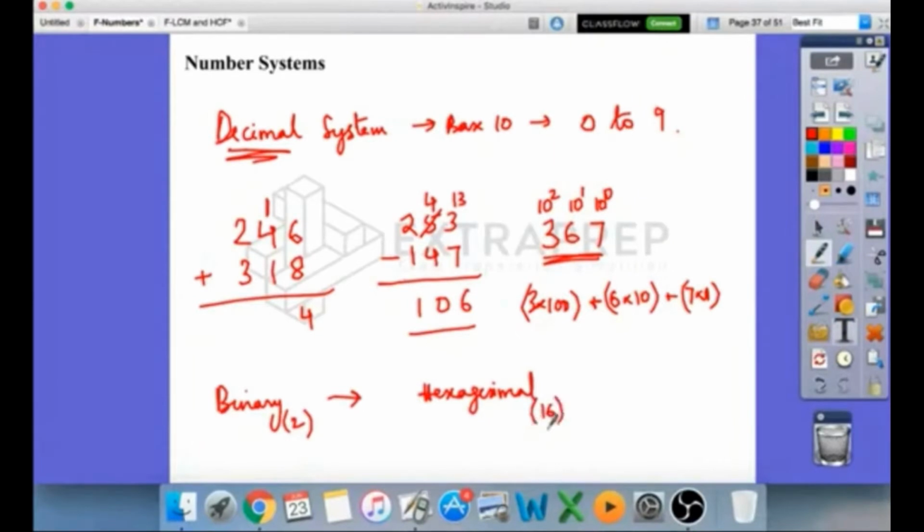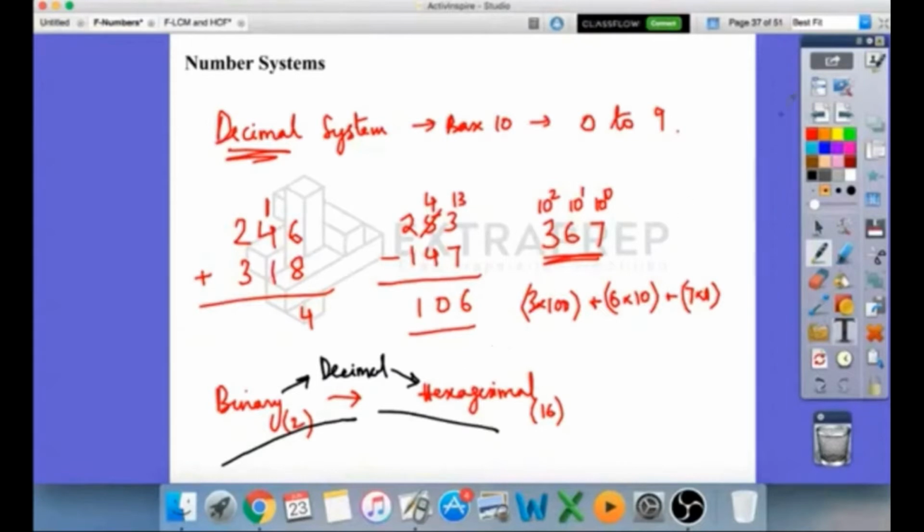What we do is, we always take the decimal system as the base. So the decimal system is the bridge. First we convert binary into decimal, and then we convert decimal into hexadecimal. So we will have to learn to convert any system into decimal, and from decimal to any system, and then we'll be able to solve problems.